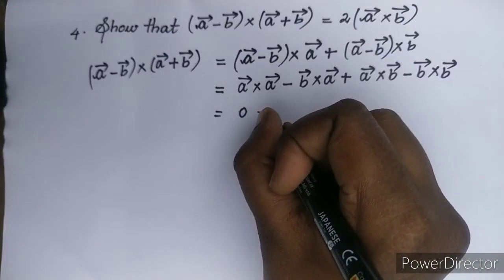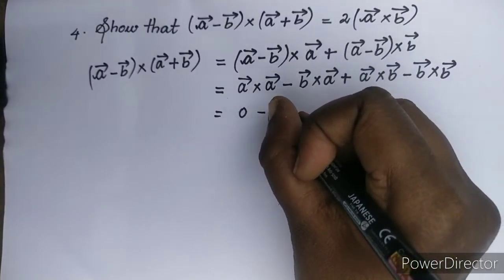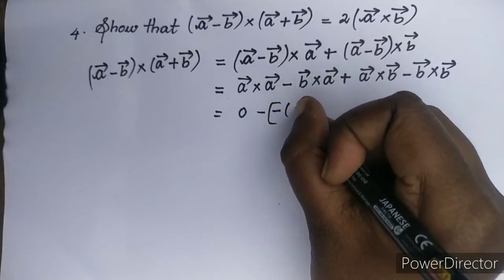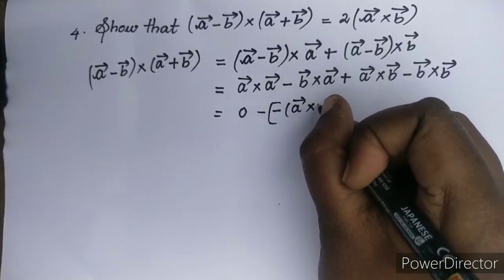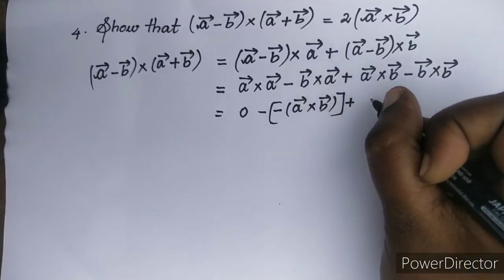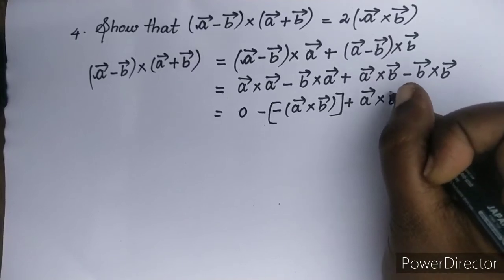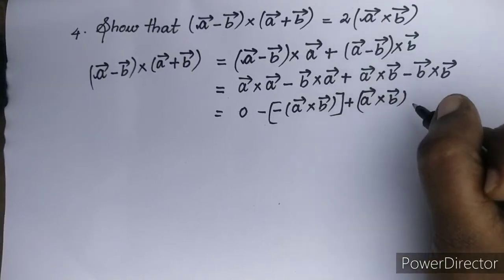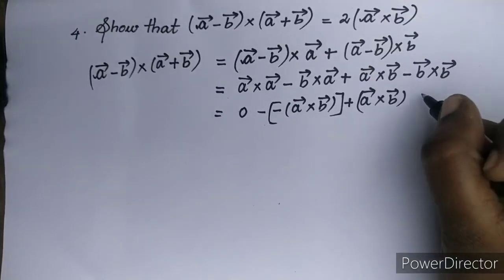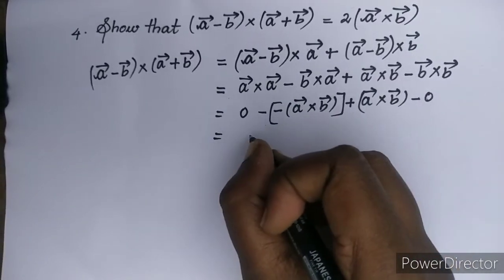So we can write minus into minus, A vector cross B vector plus A vector cross B vector, minus B vector cross B vector is 0, which is equal to minus into minus plus.